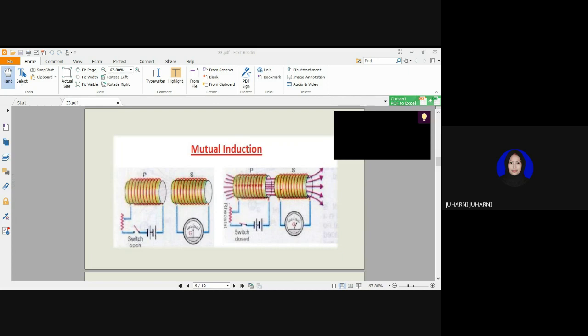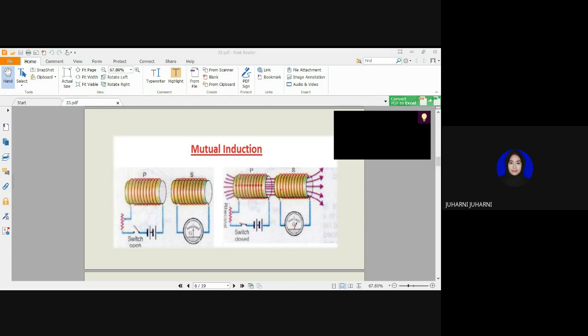The working of a transformer follows Faraday's law of electromagnetic induction. Generators also follow this principle, and induction cooker operation also relies on Faraday's law. And lastly, some musical instruments also follow this law, such as the electric guitar.